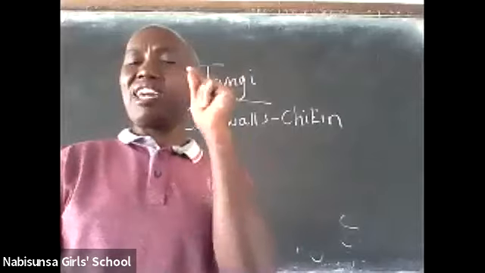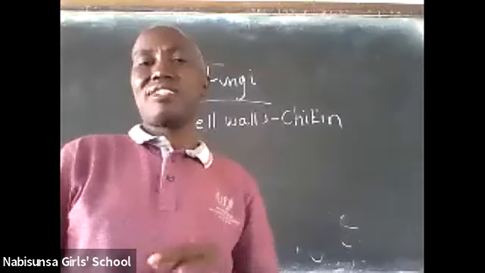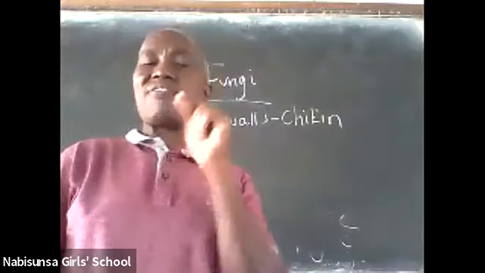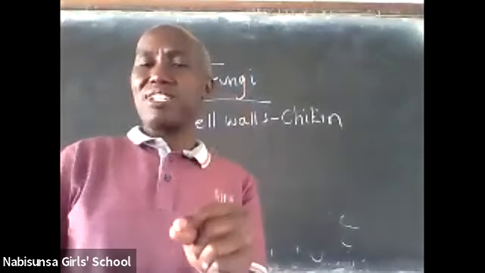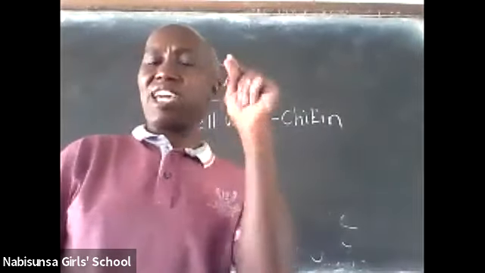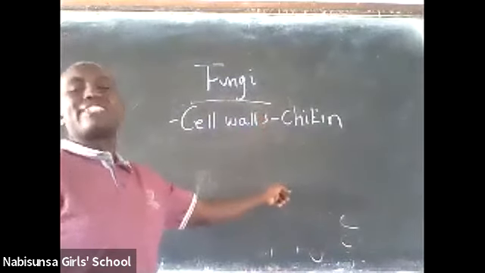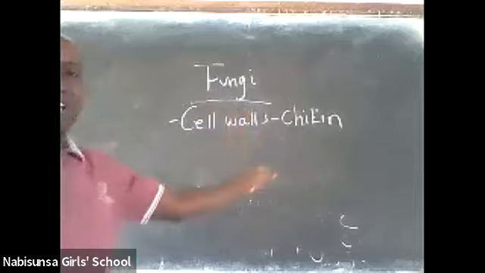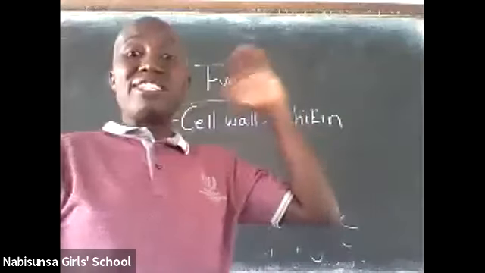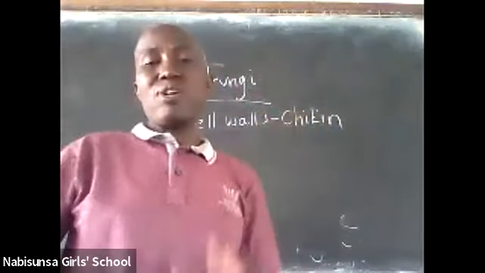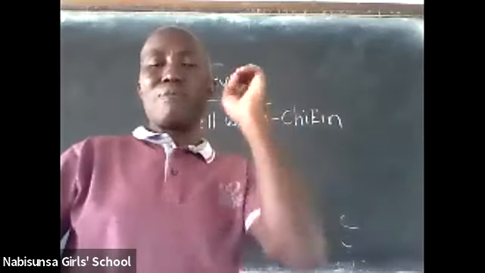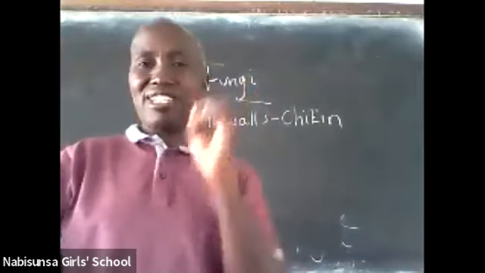Insects have an exoskeleton, not a cell wall. The exoskeleton of the insects is made up of the same substance, chitin. So the fungi have a chitinous cell wall, or a cell wall made up of chitin.